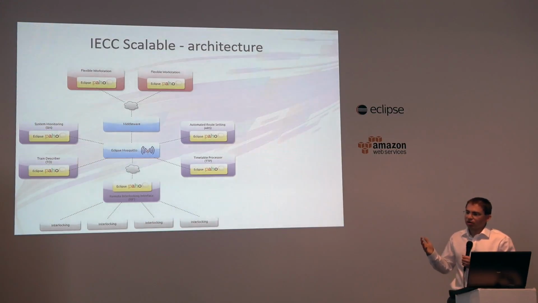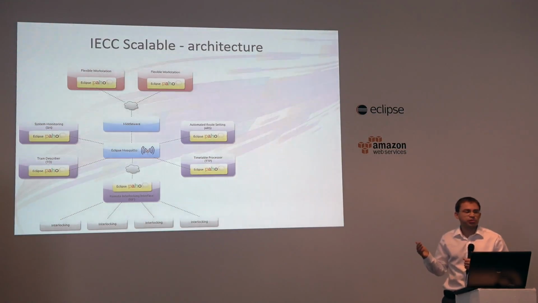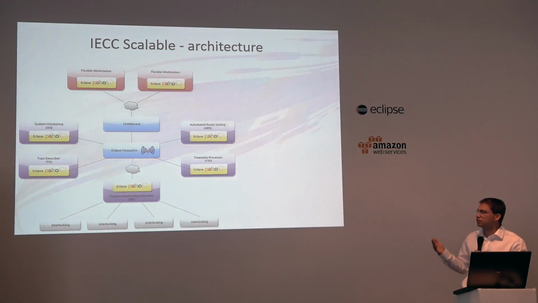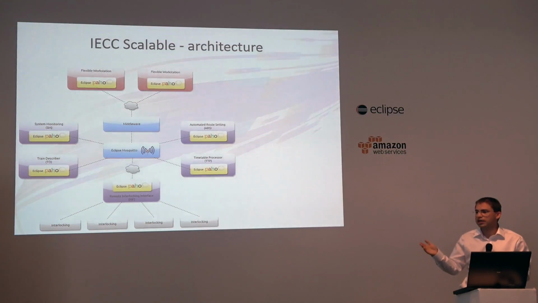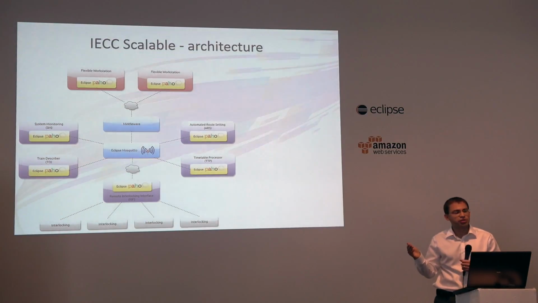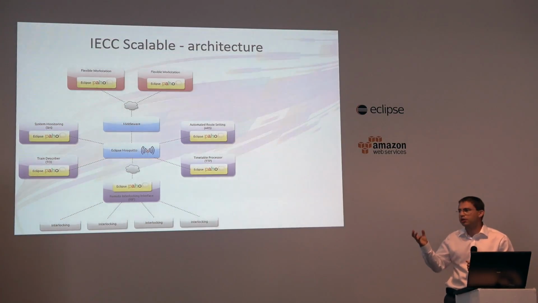But because on most of the UK railway network, there is no communication with the train itself, we use something called a train describer, which, based on the state of the infrastructure, so signals and track occupation, can determine which trains are where.